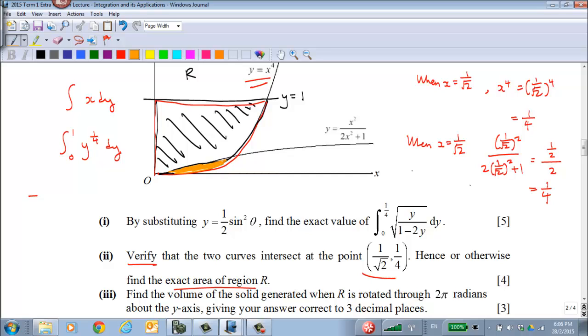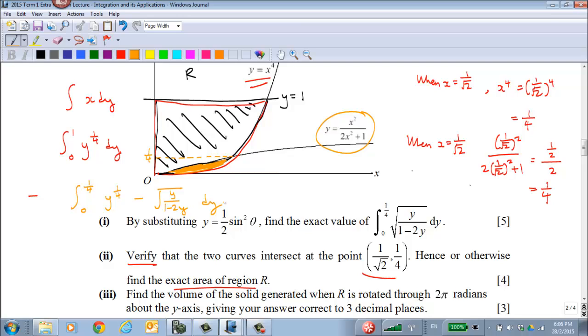So for this particular orange color area, if you realize, this point here is 1/4. So basically it's 0 to 1/4. The right curve, which is this particular curve here, y, minus the left curve, which we have to make x the subject. Now, if you make x the subject, what you discover is that it is this particular expression, which should look familiar to you because it's the expression that you found from part 1.